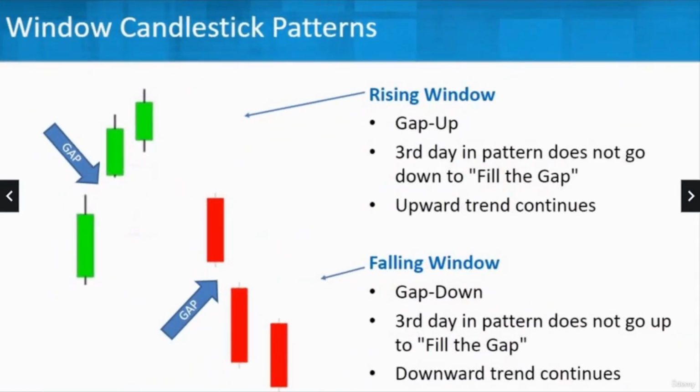A different type of signal, and this kind of works with our gaps if you looked at the lessons around gaps, is rising and falling windows, right? And really what you're seeing is kind of like a gap up. It could be a breakaway gap, it could be a runaway gap, but for a rising window, you have basically a gap up. And what happens is the third day in the pattern does not go down to fill the gap.